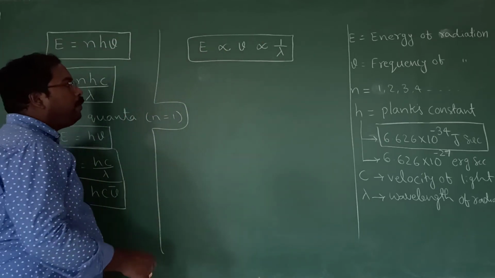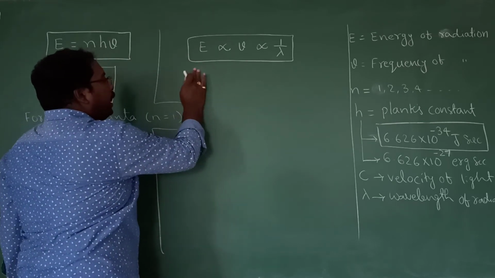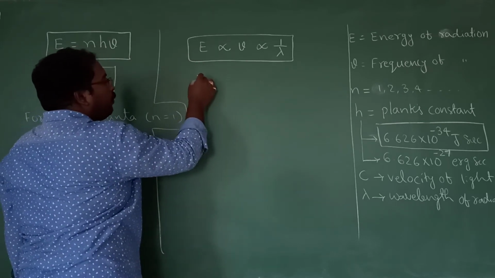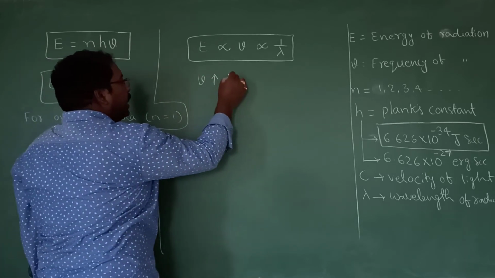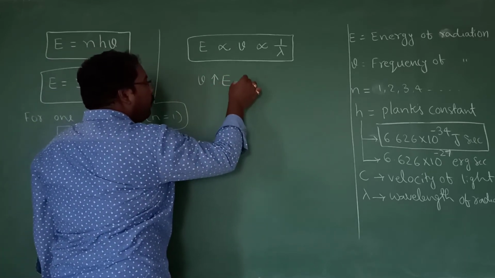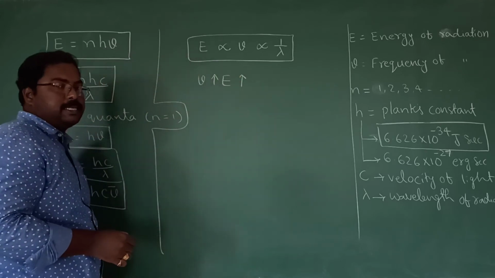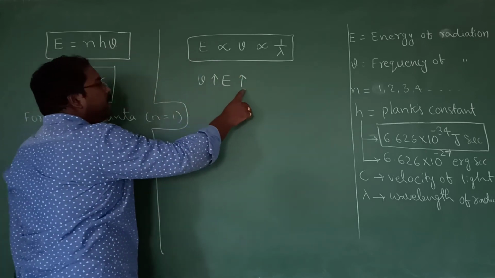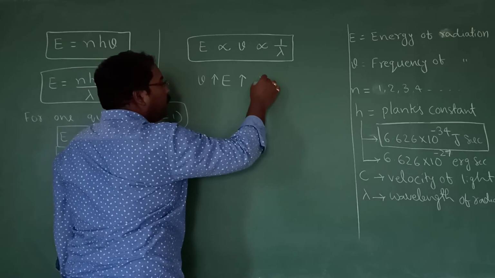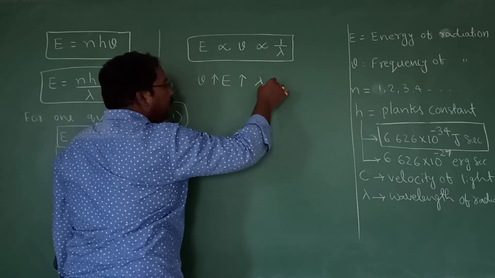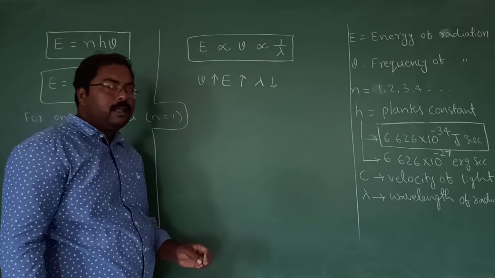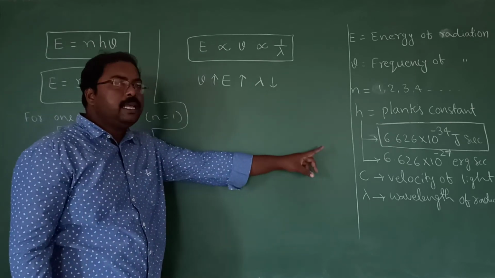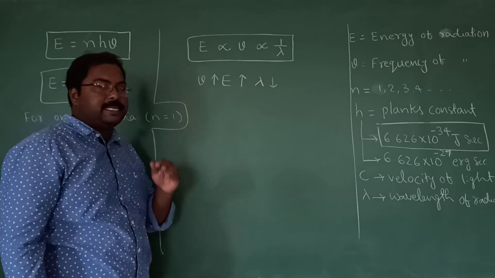Okay? So for example, for a given radiation, if frequency is increasing, what about the energy of radiation? It will also increase. When energy is increasing, what about the wavelength of radiation? Wavelength of radiation decreases. So wavelength increasing means energy decreases. Right?